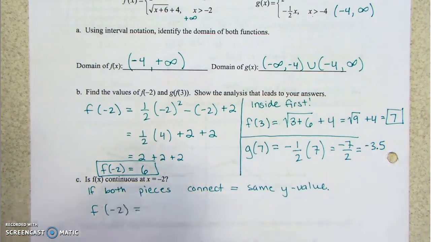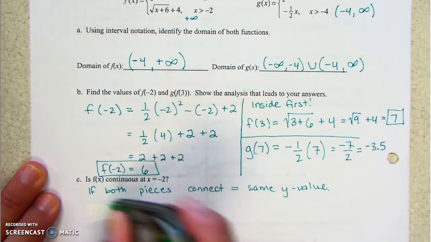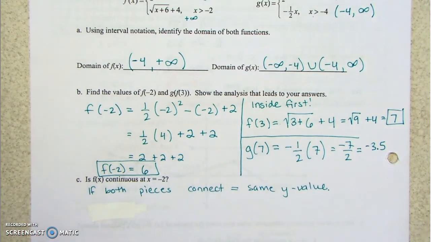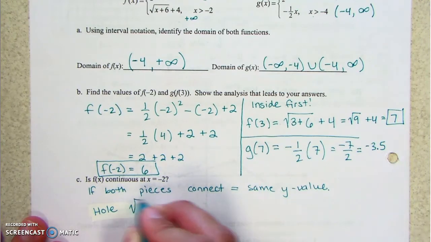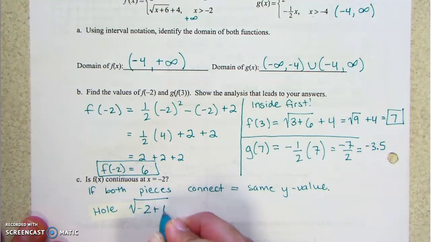Okay, I'm going to erase this because I really can't say that it's equal. There's a hole and we're going to see the height of the hole. So the square root of -2 plus 6, plus 4.